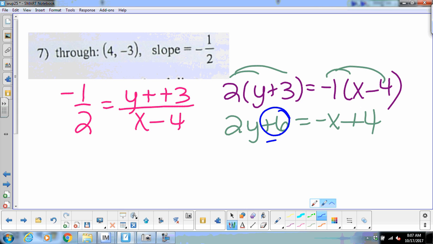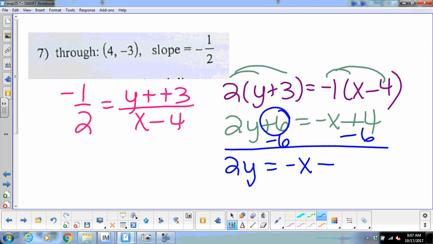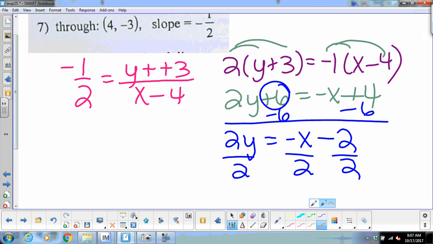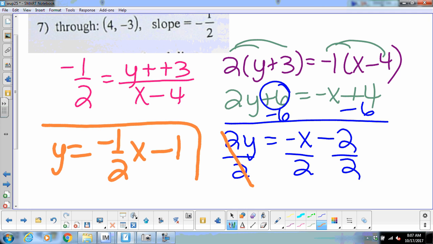So move my 6 first, and then divide everything by 2, which gives me a final answer of y equals negative 1/2 x minus 1. And again, my slopes match.